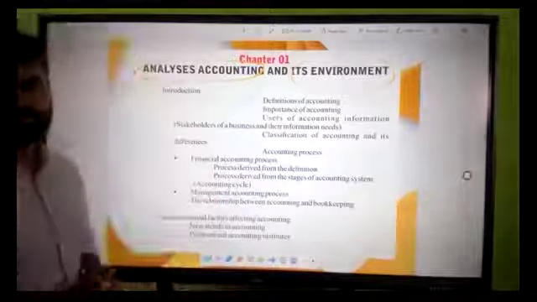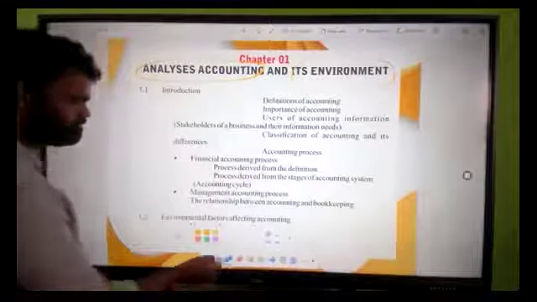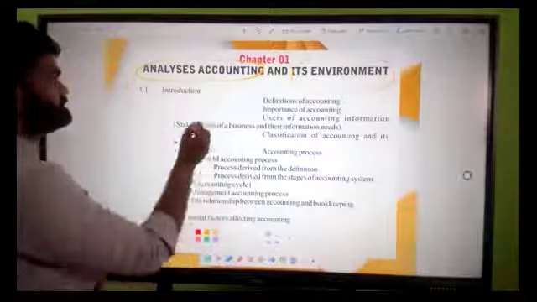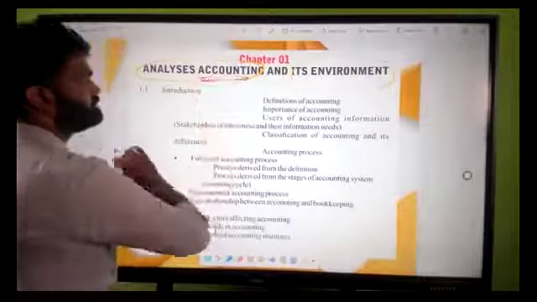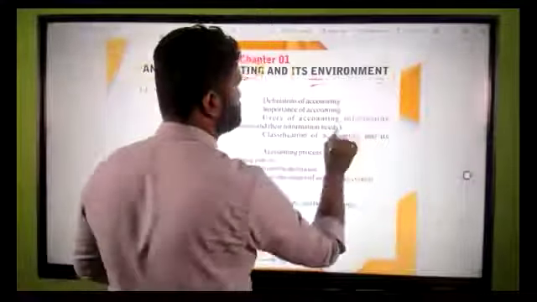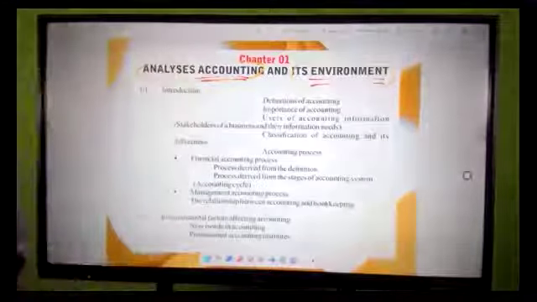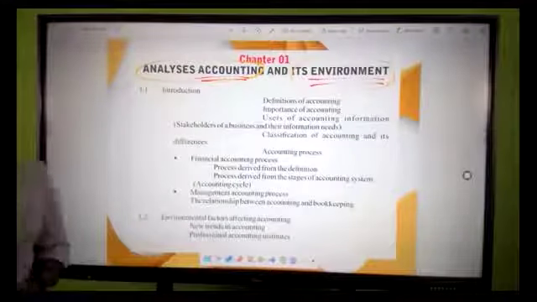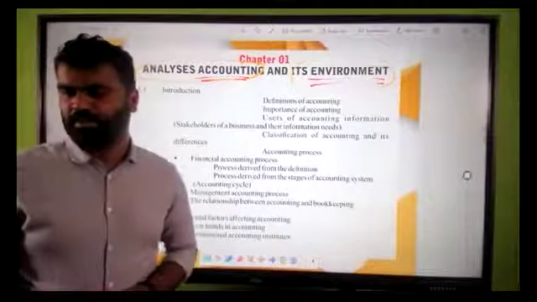Analysis, accounting and its environment has 2 parts. Firstly, accounting analysis and environmental analysis. 2 things are there to be discussed.